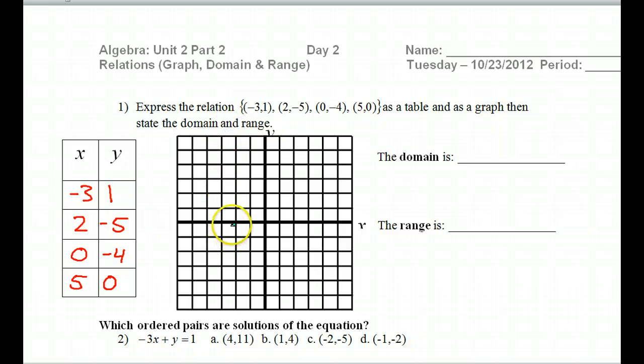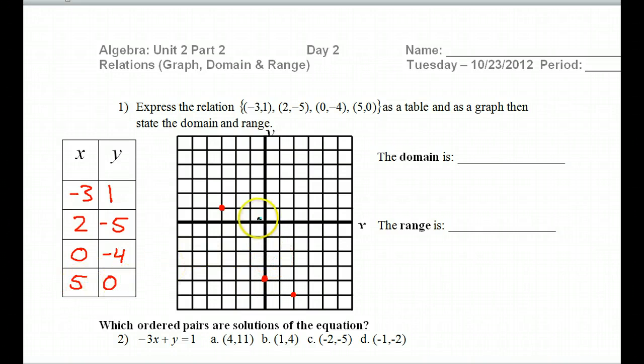Alright, now let's make a graph. So if we plot the point negative 3, 1, that means 3 to the left because the negative 3, and then up 1. And then 2, negative 5 means 2 to the right and down 5 because of the negative 5. 0, 4 means don't go left or right at all because of the 0, and then go down 4 because of the negative 4.